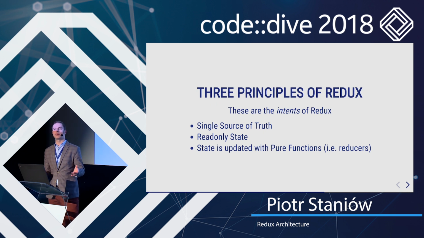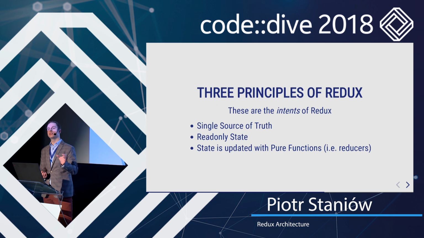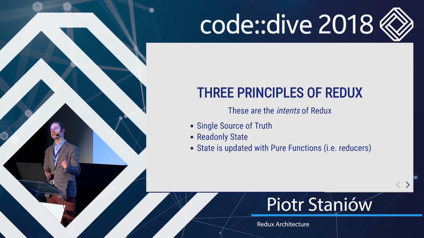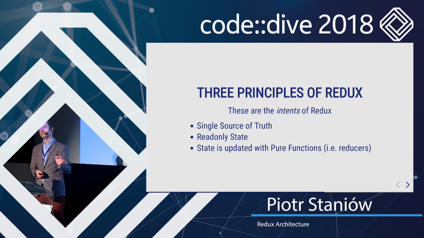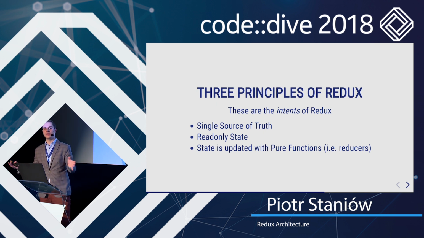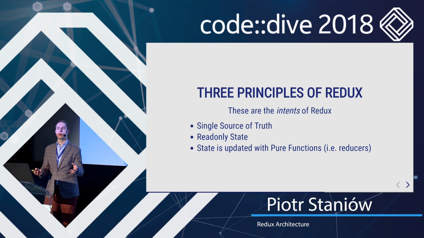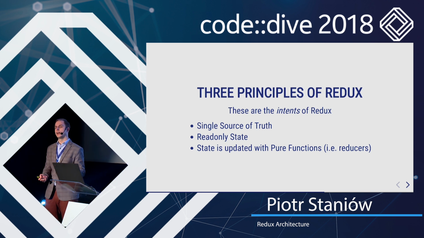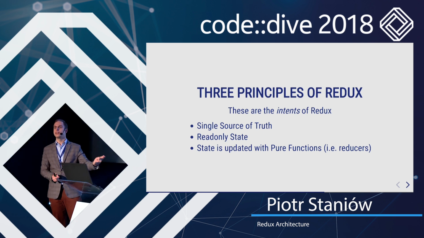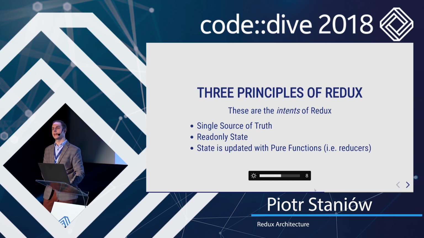It's like the mathematical sine function, right? When you put 17 into sine, you always expect the same value to be returned, and you expect the function not to change anything around, not to change your global variables, not to touch any services. You just put something in and always expect the same output.